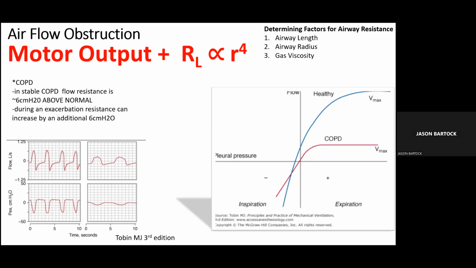altogether. And until you meet somebody, and I'm sure many of you have seen those refractory status asthmaticus or those severe COPD patients that you probably anticipated would turn around right away, and they did not.